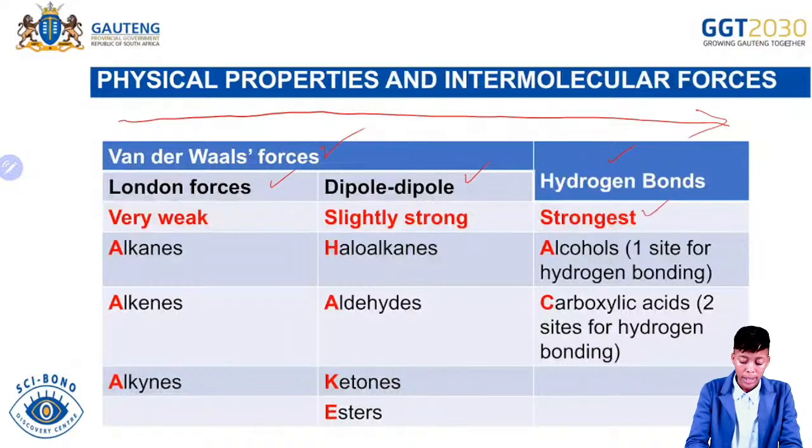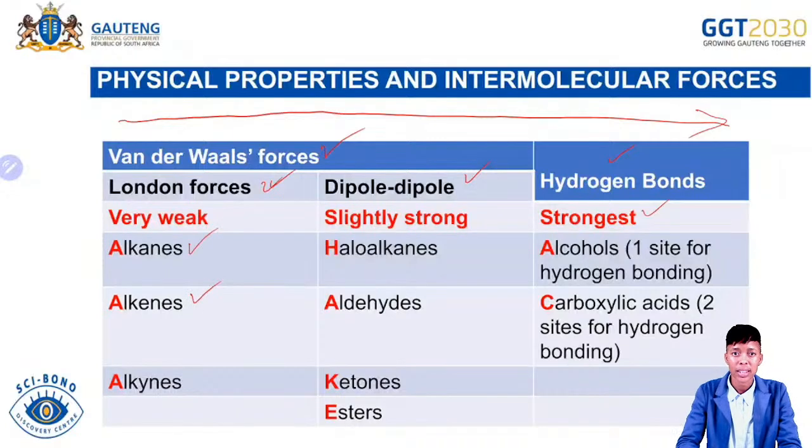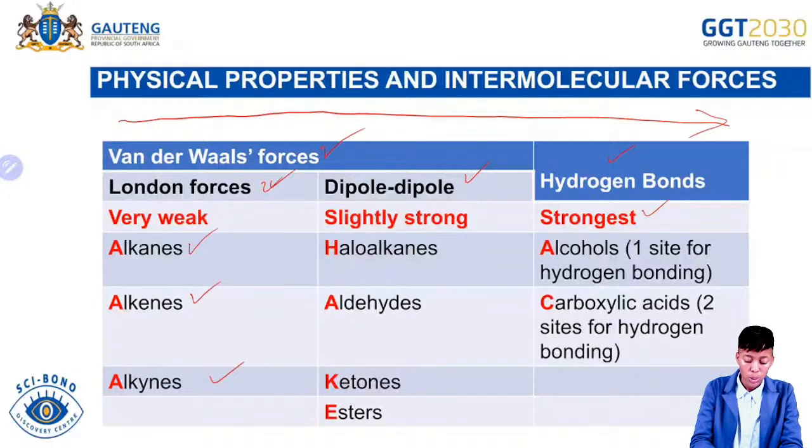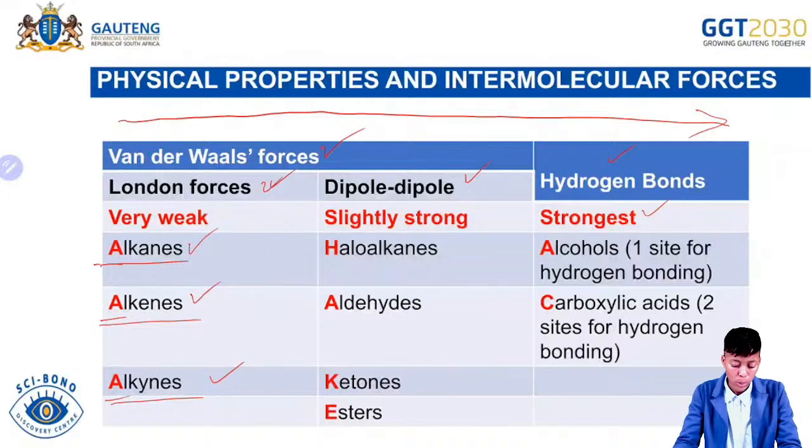Under the London forces, this is what you need to know: we have alkanes, then alkenes, and then alkynes. The way you can memorize this is by using the highlighted words: your triple A, which is your alkane, your alkene, and your alkynes.